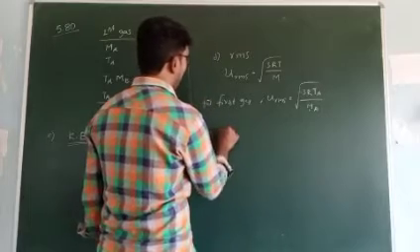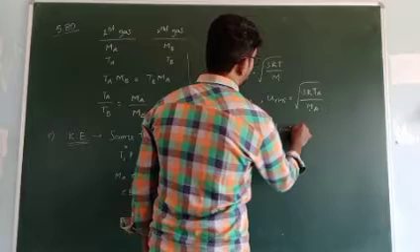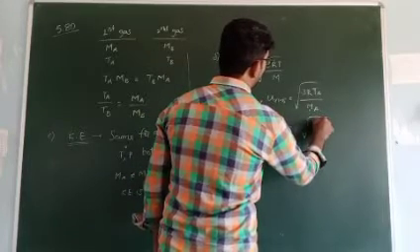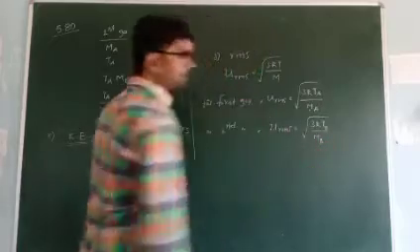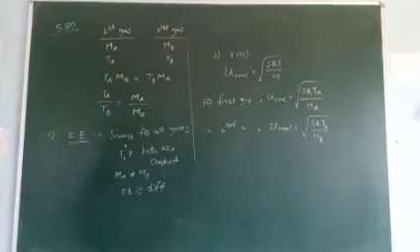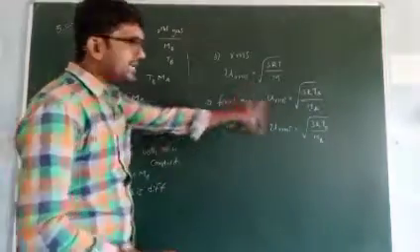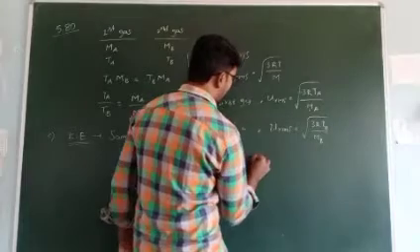For the second gas, U RMS is equal to root over 3RTb by Mb. Do you understand this up to this point? So if these are equal, equalize both of them.